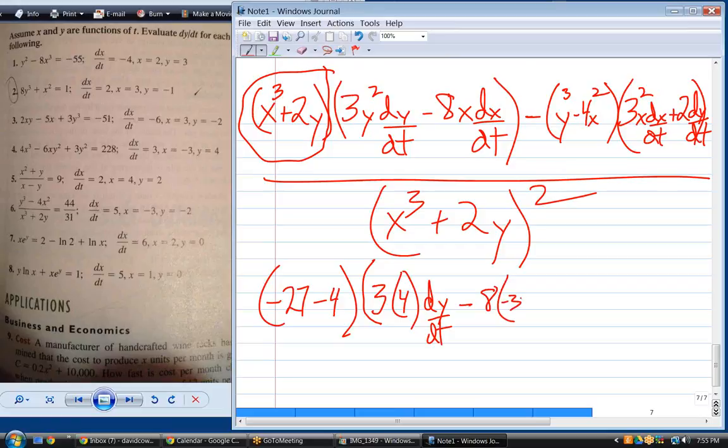And then negative 3. Well, you really want to make sure you keep your parentheses straight here. Okay. If you forget them, it's real easy to get a sign wrong.